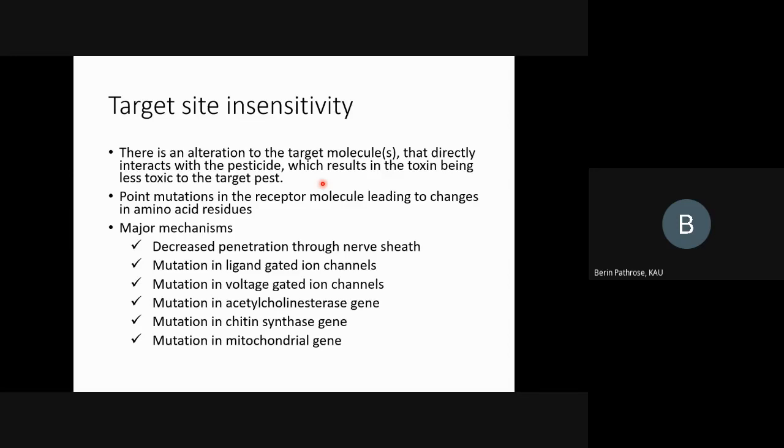So, if the nicotinic acetylcholine receptor becomes insensitive to neonicotinoid, that means it doesn't sense neonicotinoid. What will happen? It doesn't respond to neonicotinoid. If it doesn't bind to neonicotinoid, what will happen?